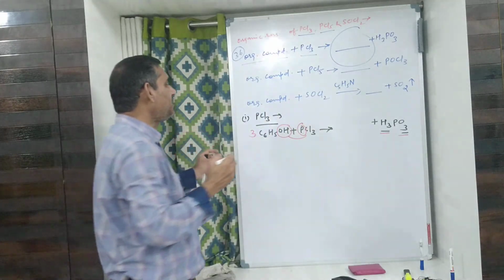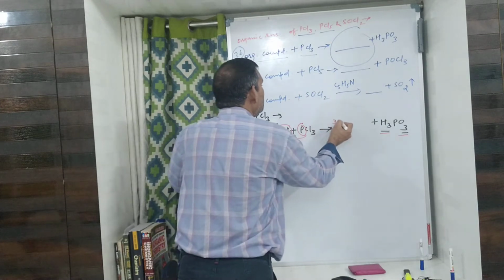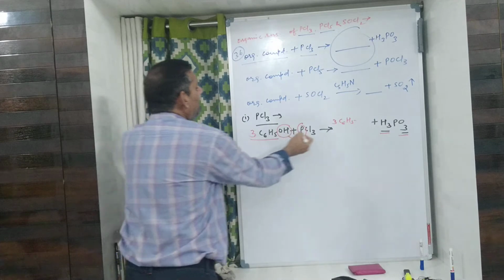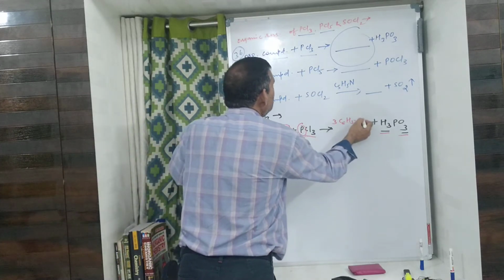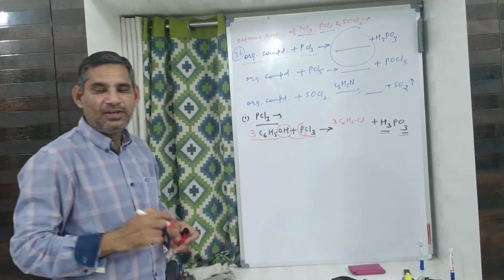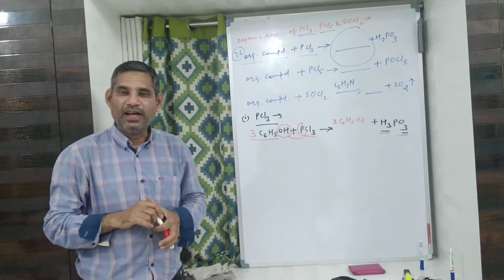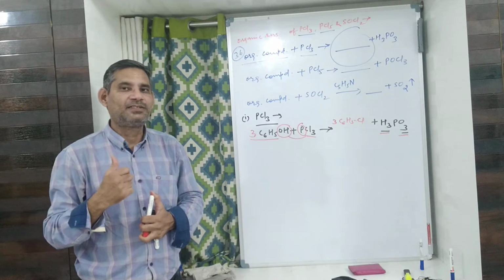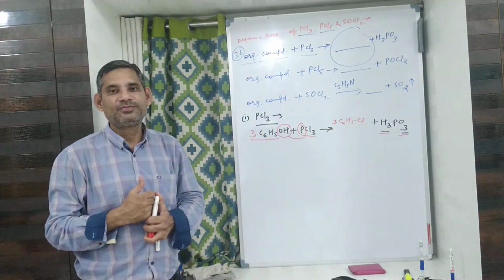Now see what the rest is. The rest is 3C6H5 and here 3Cl. So now it is balanced. So here valency as well as balancing, both issues are addressed. So this reaction is possible.